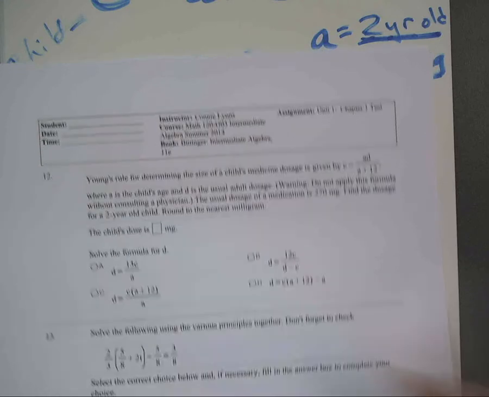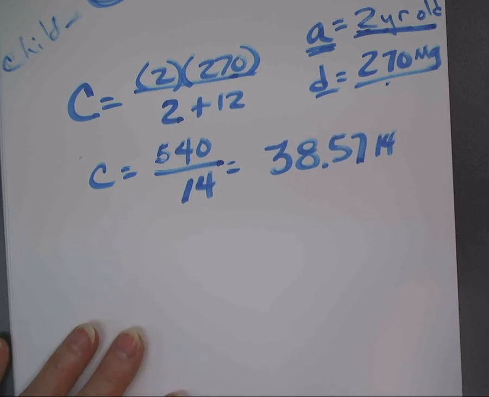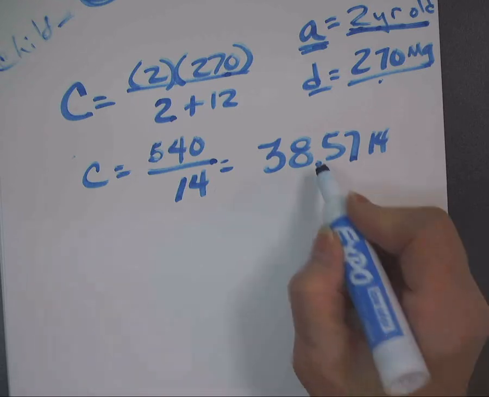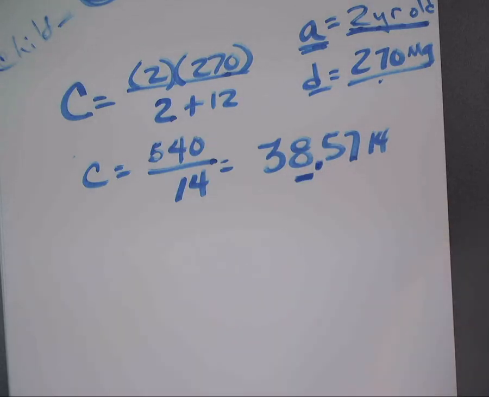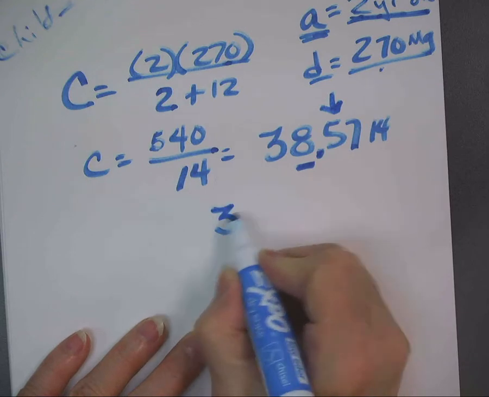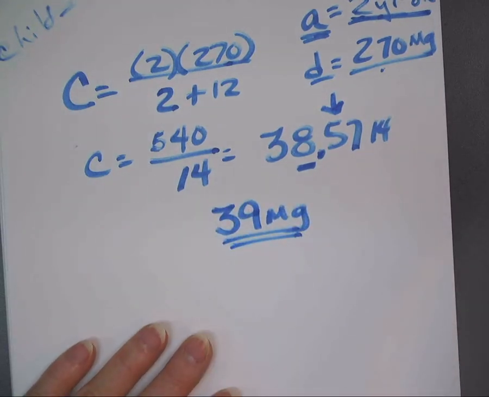The nearest milligram means the nearest, what does that mean? If you're rounding it to the nearest milligram. The nearest 1 milligram, okay? So if it says round to the nearest milligram, look at that one and you'll say 39. 39 milligrams. Okay.